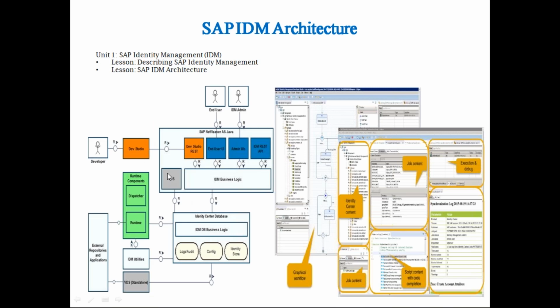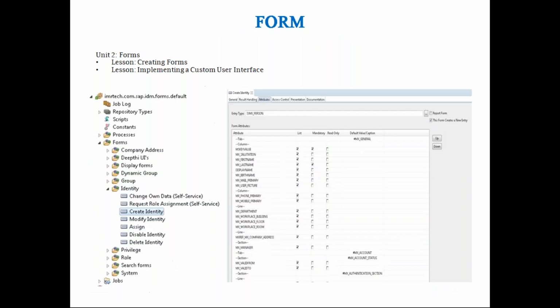What are the things that are connected to the IDM system? The various UIs, the databases, the virtual directory server. There are various components which are integrated into the IDM system. So we will be discussing the architectural part, and then other things within the system.